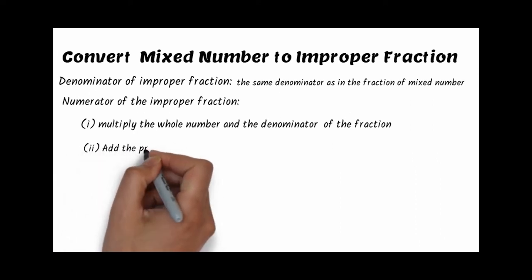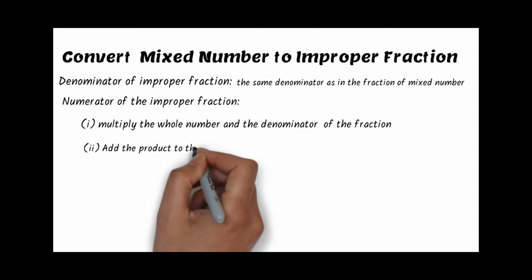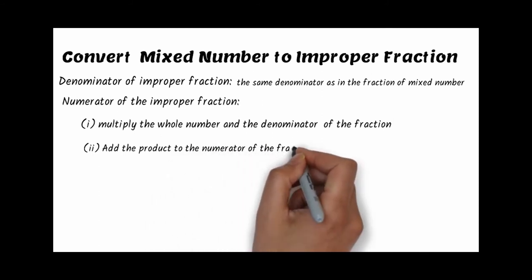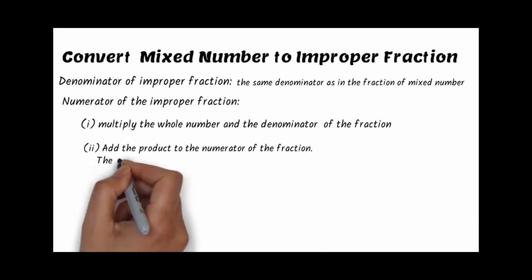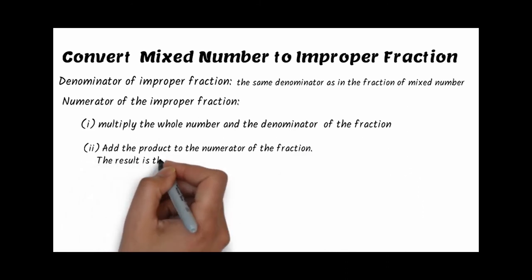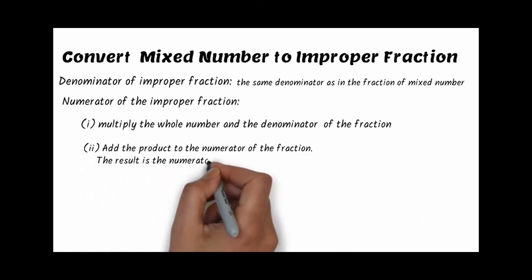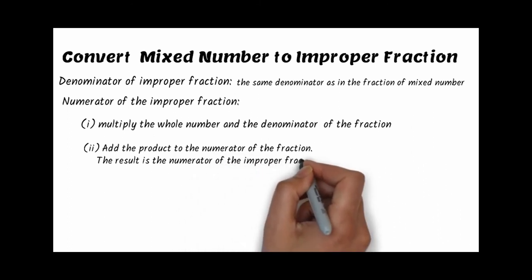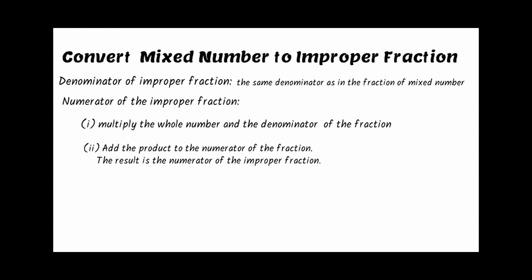Okay. And moving on, in our second step, we're going to take that product and then add it to the numerator of the fraction in the mixed number. So that sum is the result for the final numerator of the improper fraction. So these are all the steps involved.